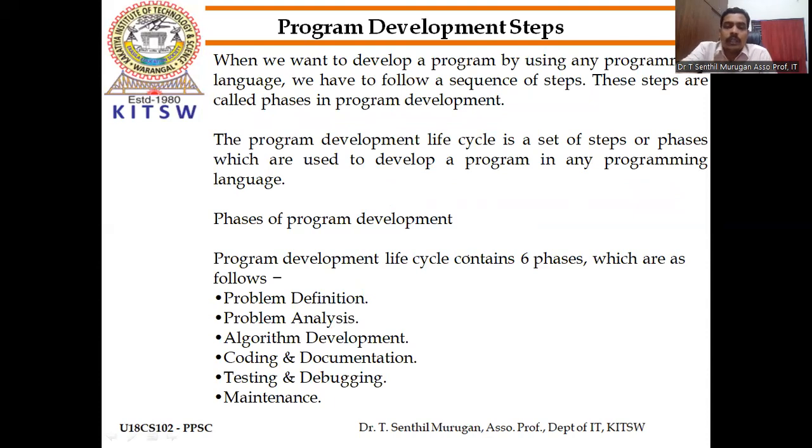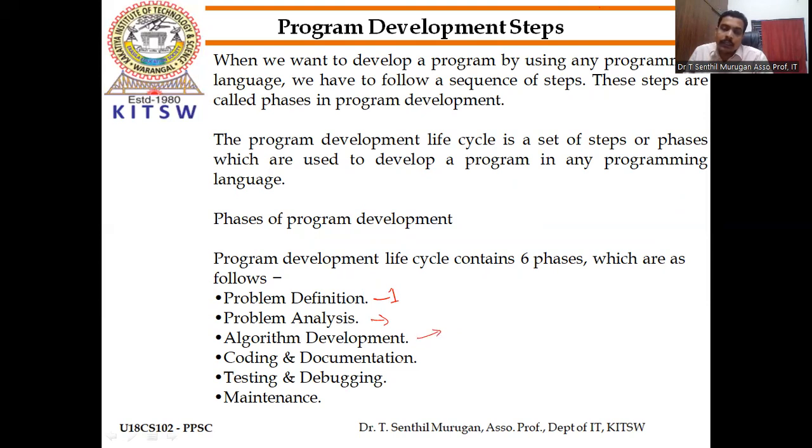So now we are on the next topic. What is the next topic? Program development steps. How can we develop a program? In program development, we have these steps. One is problem definition. Second, analyze that problem. Third, development, develop the algorithm.